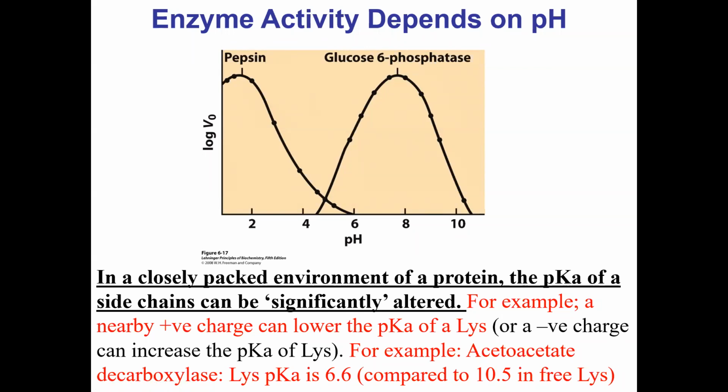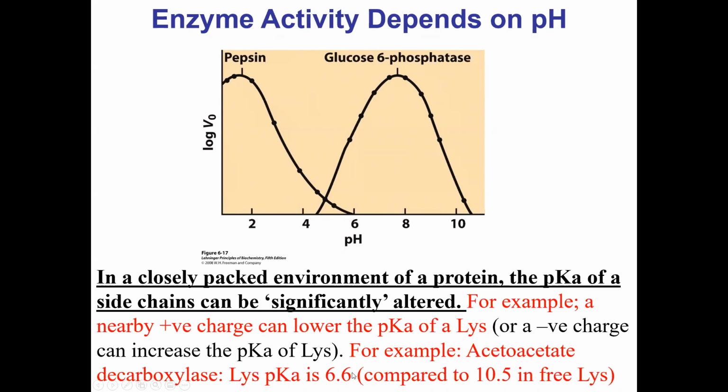An enzyme called acetoacetate decarboxylase. When we talk about fatty acid metabolism, you will see this enzyme. This is an enzyme that actually has a lysine group in its active site. Do you know the pK of that lysine in acetoacetate decarboxylase? It's 6.6. If you remember, the pK of lysine in the free state is 10.5.